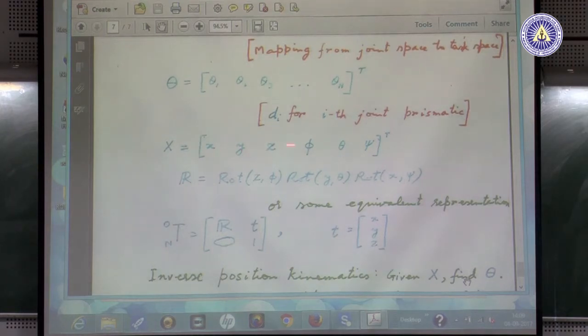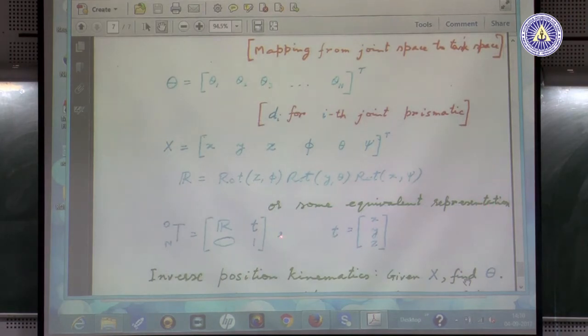For that, these things are given: the xyz position of this point, and phi, theta, psi, 3 angles which are used to represent a rotation matrix. It could be roll pitch yaw, for example. So, rotation psi about x, then rotation theta about y, then rotation phi about z with respect to a fixed frame, or in the other order with respect to the moving frame itself, or some other equivalent representation.